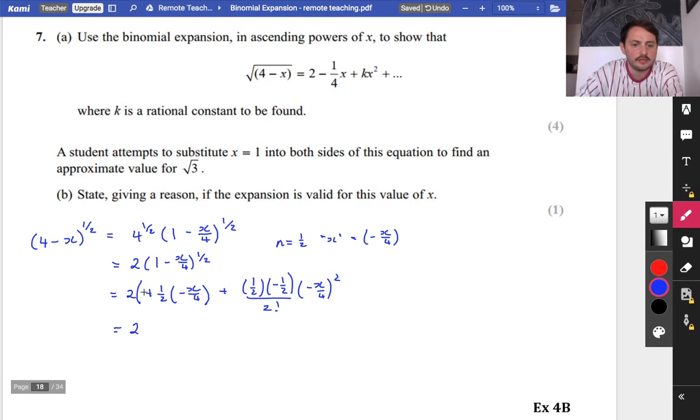Sorry, this is the expansion, 1 plus nx. The whole thing is being multiplied by 2. So that's 2 multiplied by 1 minus an 8th x.